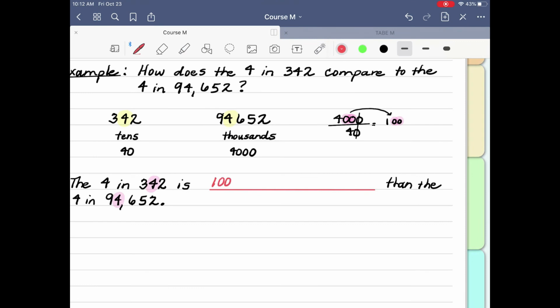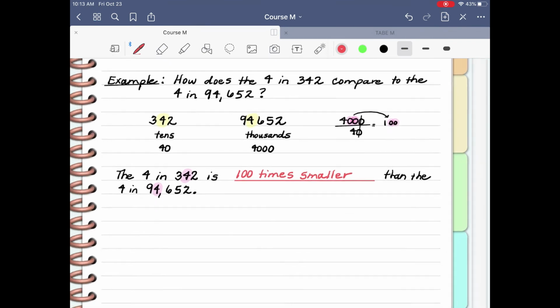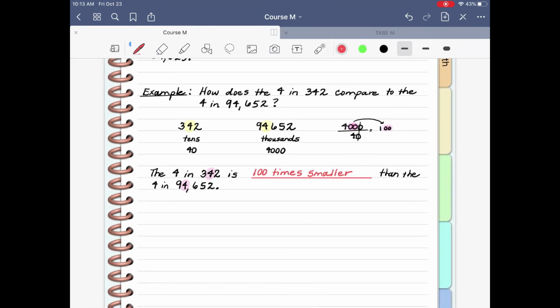100 times smaller, because that 342 is the smaller of these two numbers. So this time, instead of bigger or more, we would say 100 times smaller.